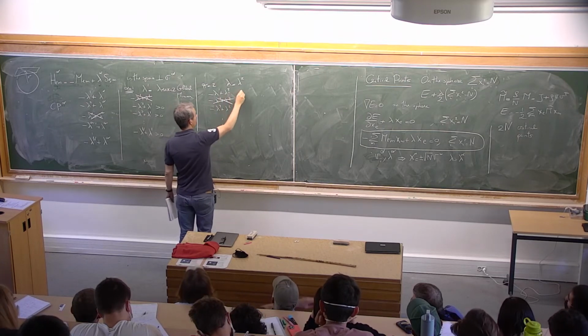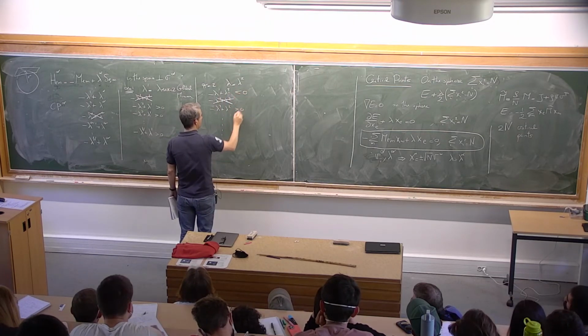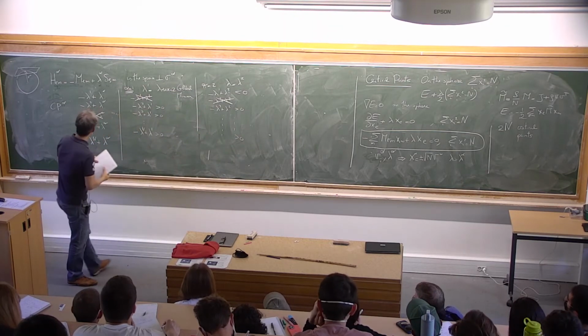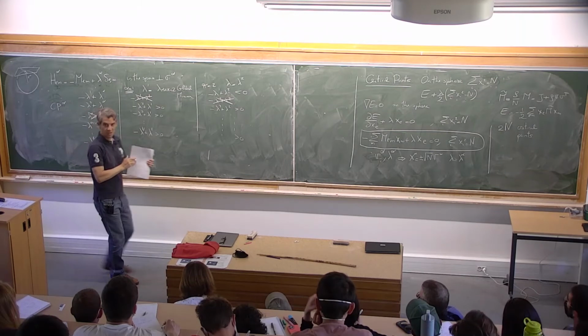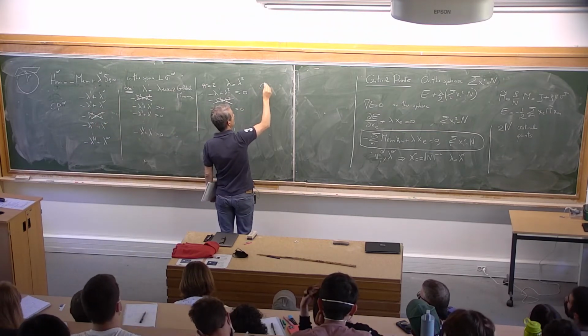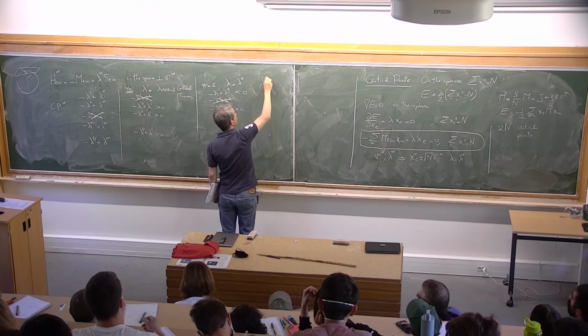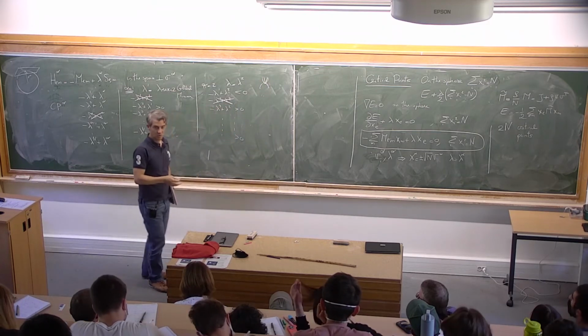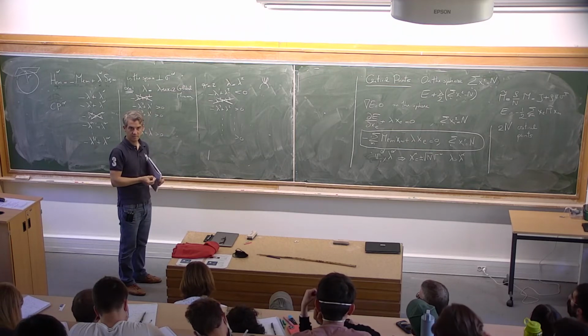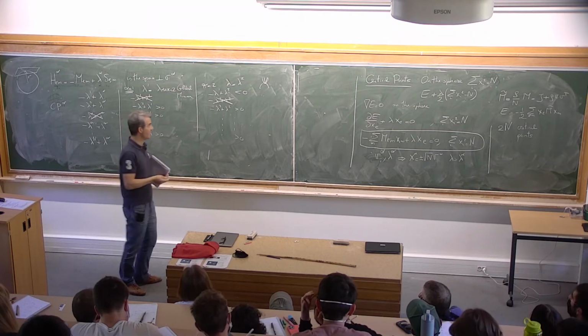Now this one will be negative, and all the others are positive. So this critical point has one direction in which it goes down, and all the other ones, which I cannot draw because I just have a board and not a multi-dimensional board, go up. So it's a critical point of index 1.